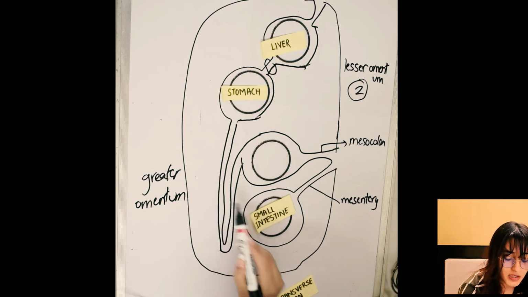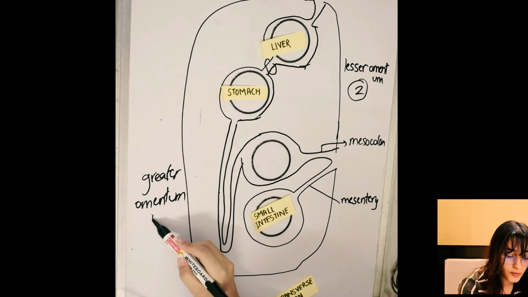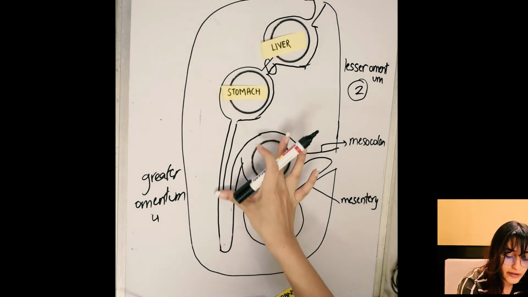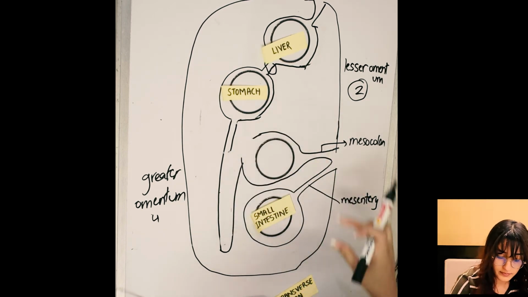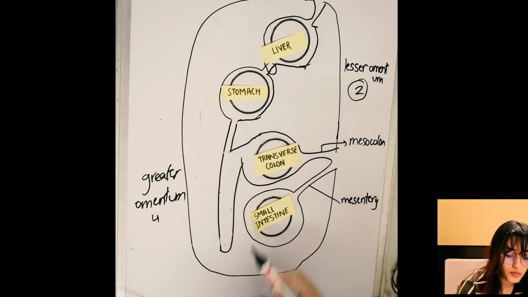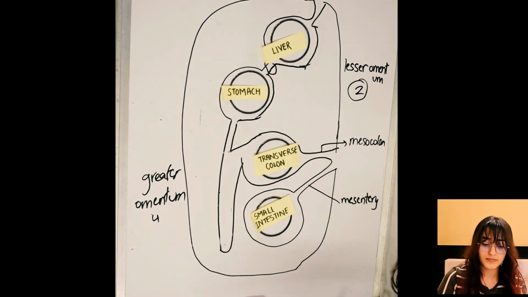But actually it has 4 layers of peritoneum, 1, 2, 3 and 4. Now eventually these 4 layers will kind of fuse along with the mesocolon. So this will be your greater omentum, this will be your lesser omentum.